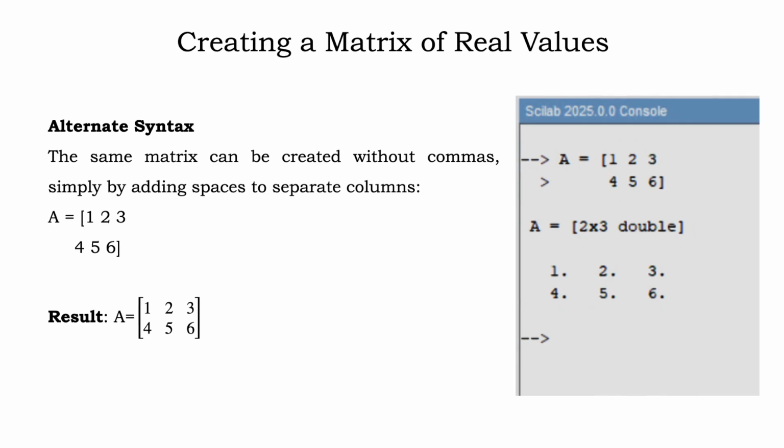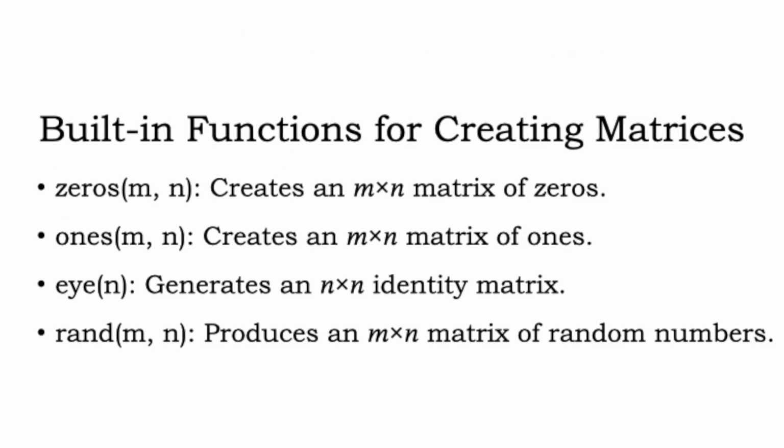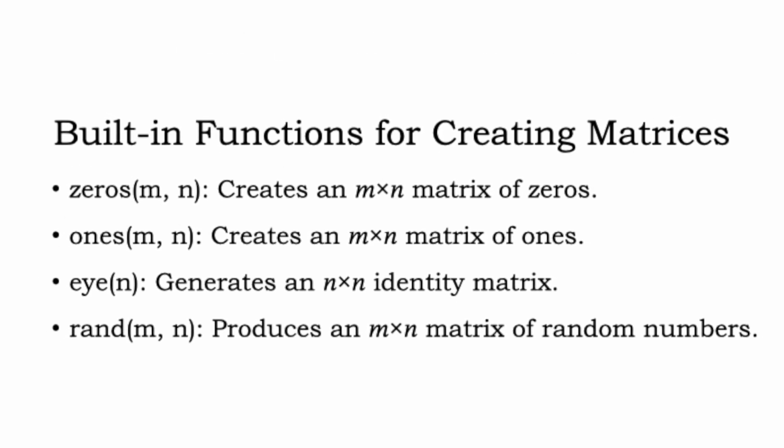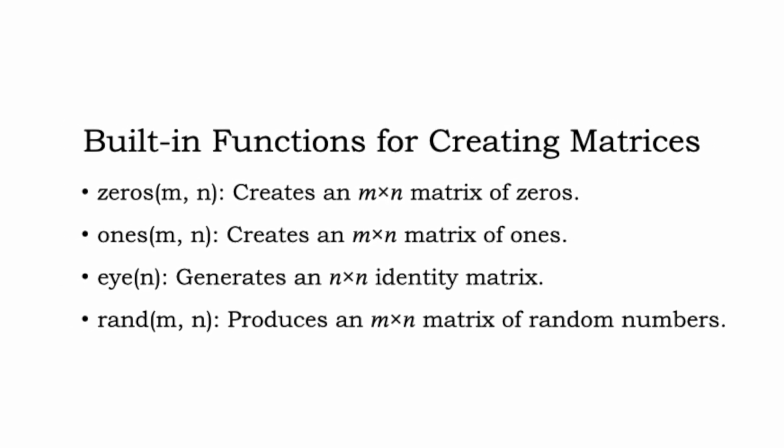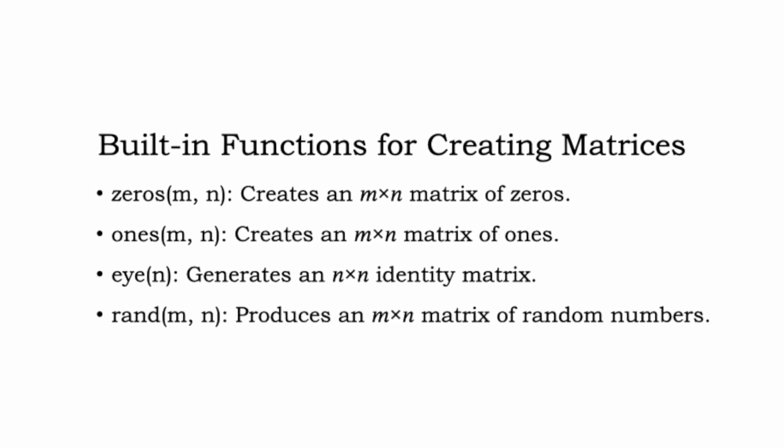The resulting matrix remains the same. For doing matrix-based analysis in Scilab, a lot of built-in functions are used, as discussed in the following. Scilab provides several built-in commands to create matrices based on specific criteria. Let's review some of the most commonly used ones.